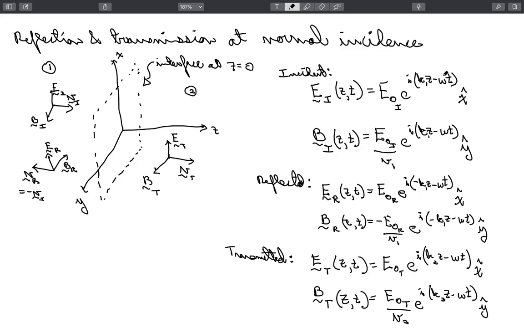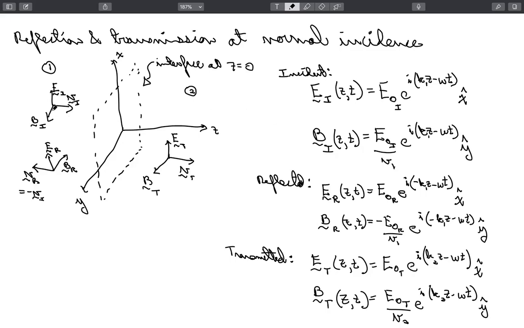This k1 here is just the wave vector in medium 1. We choose our axes so that the x-axis coincides with the direction of the electric field, so the magnetic field is perpendicular to that and the B field goes in the y direction. The amplitude of the B field is the amplitude of the electric field divided by the speed of light in that medium, so that's just E0 incident divided by v1.